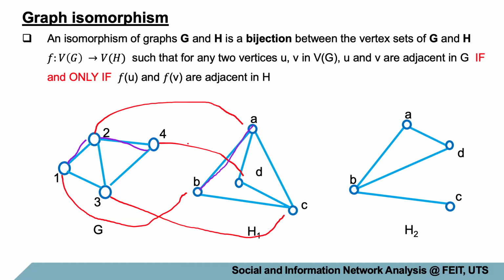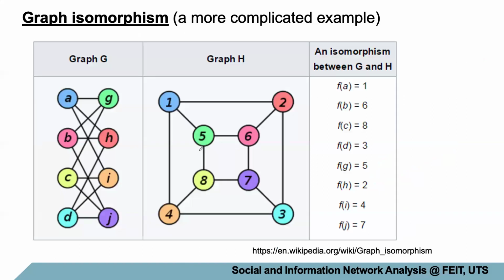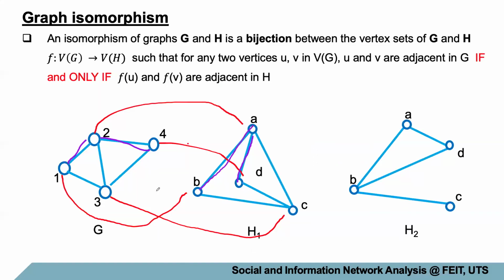And for edge 2 to 4, the corresponding edge is here, A to D. And for 1 to 3, the edge is B to C. And 3 to 4 is C to D, is this one. And 2 to 3 is mapped to this one, A to C. So there exists a bijection.